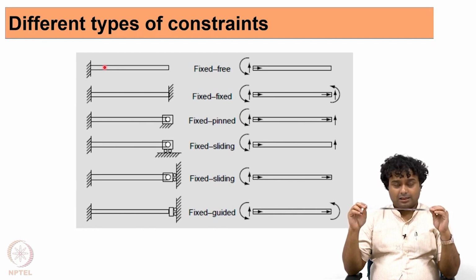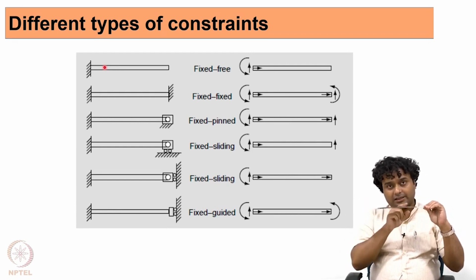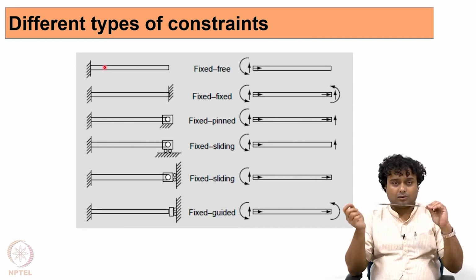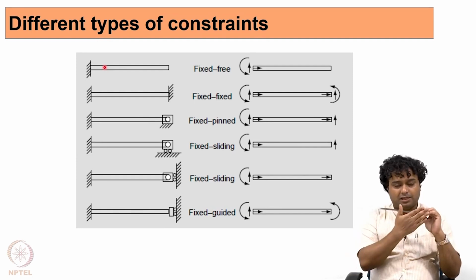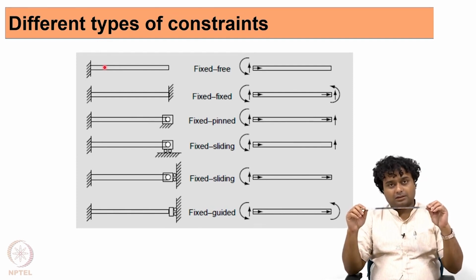In this case, this side is totally fixed, so it has reaction forces in the x direction, y direction, as well as z direction. Let us say we are not considering the z direction in this plane of paper. It can rotate, right. So it has an x direction force, a y direction force, and also the rotation.